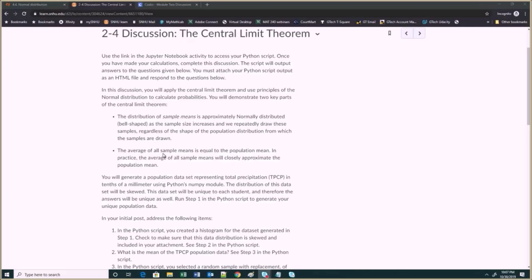If I calculate the average of those 1,000 sample means, that average will be very, very close to the unknown population mean that you're trying to find. That is the key and a very beautiful aspect of this theorem. We will demonstrate both of these points in this discussion.